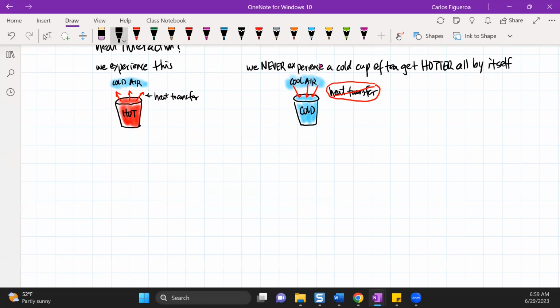This process does not occur spontaneously. Like, we could put it into a microwave and heat it up, but that's not all by itself.